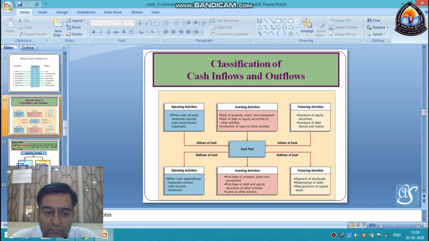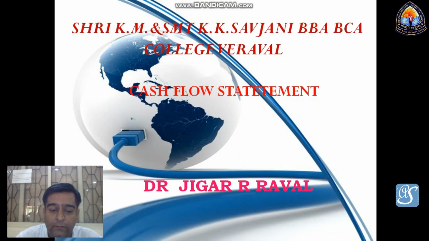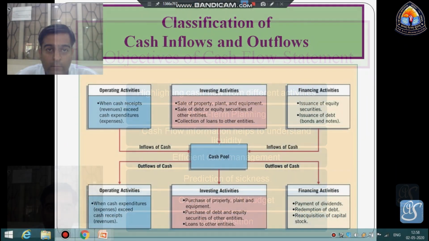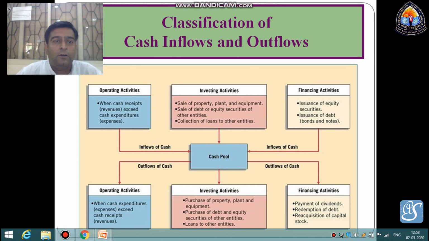Now this is the classification of cash inflow and outflow. As we know, cash flow is divided into three categories: operating activities, investment activities, and financial activities.